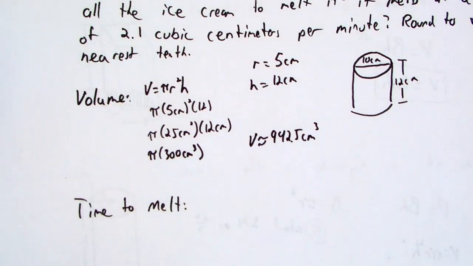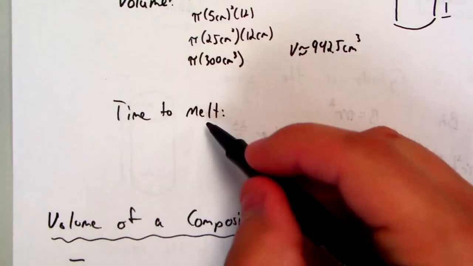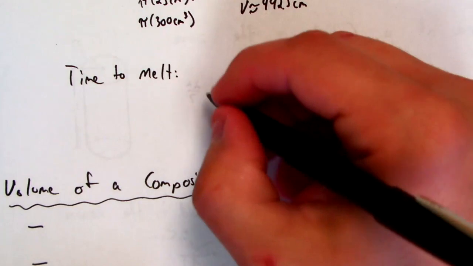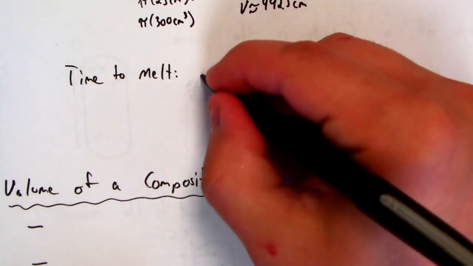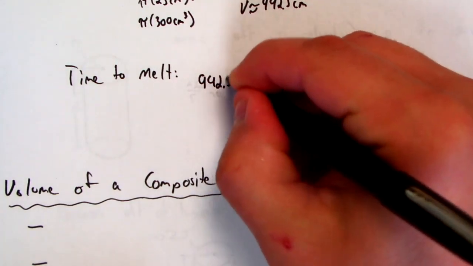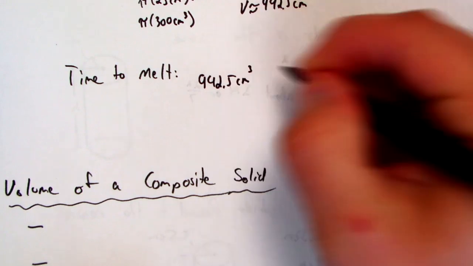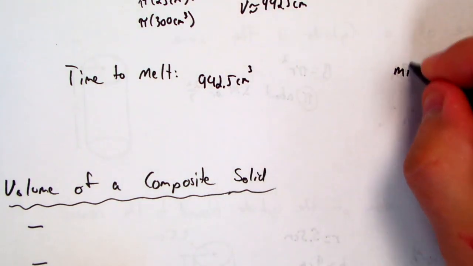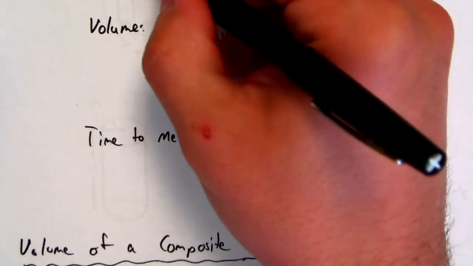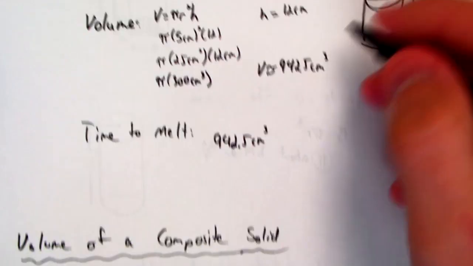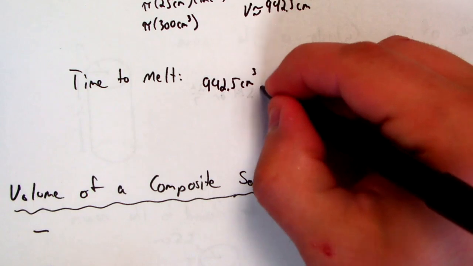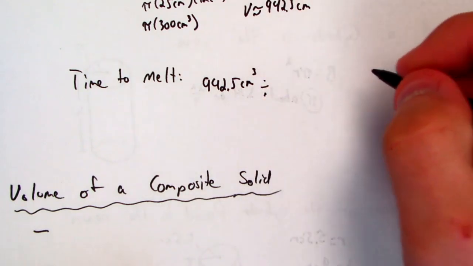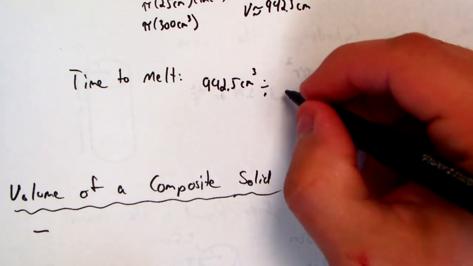Now, time to melt. So we want to get from this 942.5 cubic centimeters, and we want to get down to minutes. So we have this 2.1 cubic centimeters per minute. So we're actually going to want to divide by 2.1 cubic centimeters per minute.